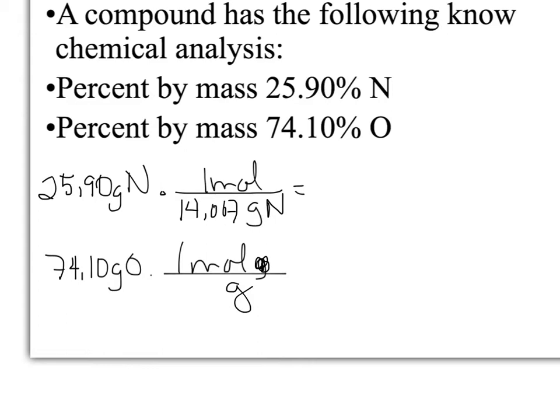And I got 1.84908. And then down here, oxygen, there's 15.999. I'm pretty sure y'all have that one memorized now because we've used it so much already. And here I got 4.631539.